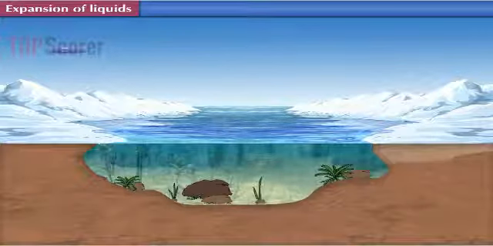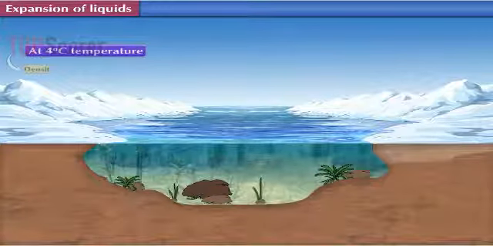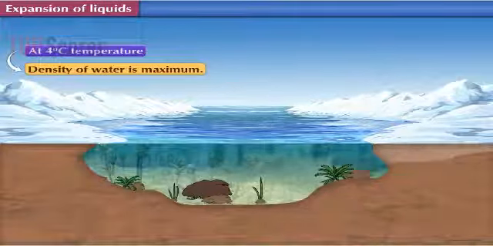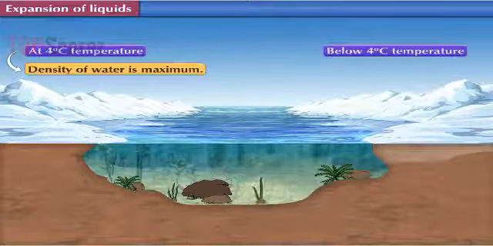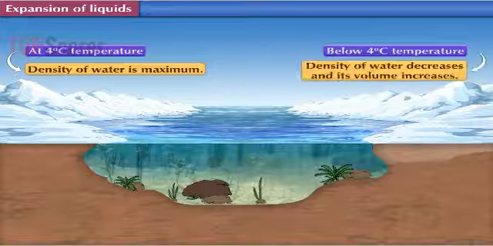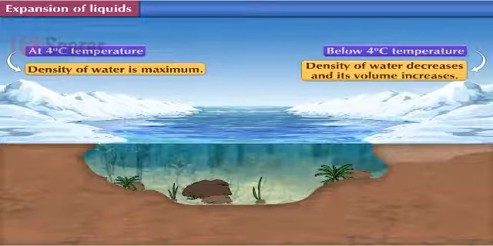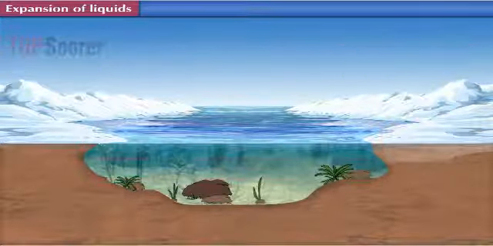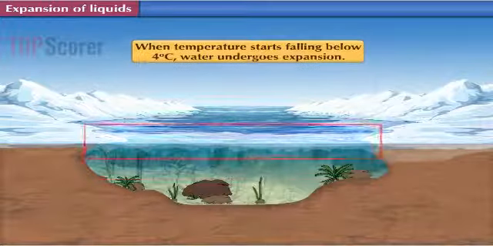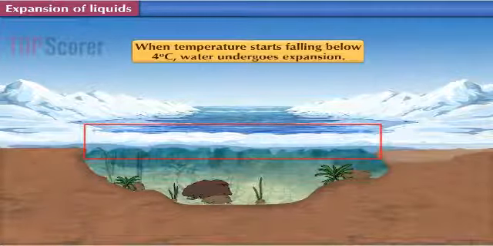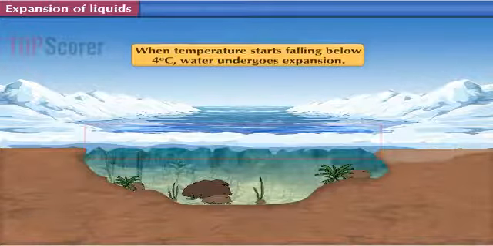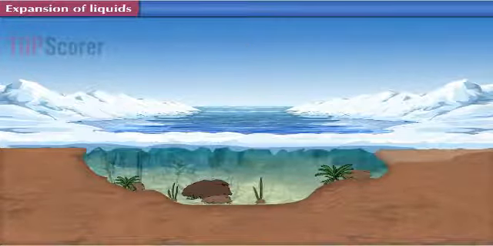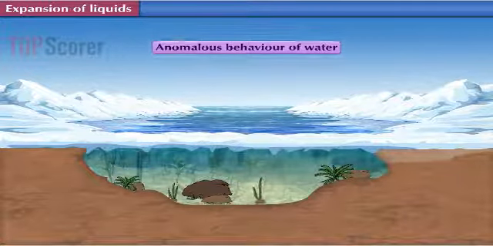This means that at 4 degrees Celsius, density of water is the maximum, and on lowering the temperature below 4 degrees Celsius, its density decreases with increase in its volume. It means that when temperature starts falling below 4 degrees Celsius, water undergoes expansion. This is called anomalous behavior of water.